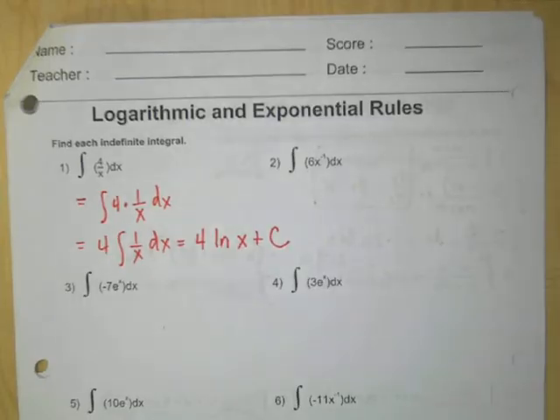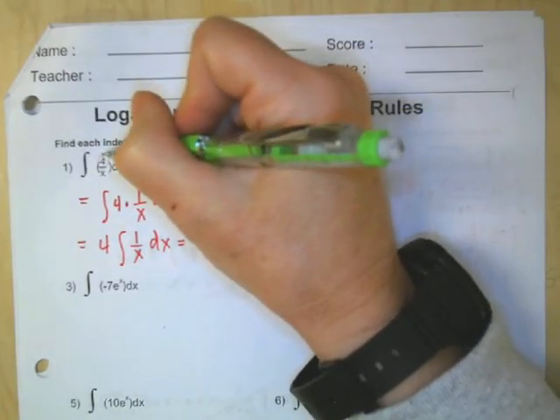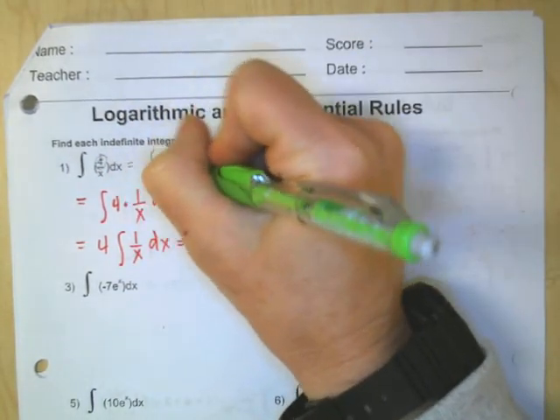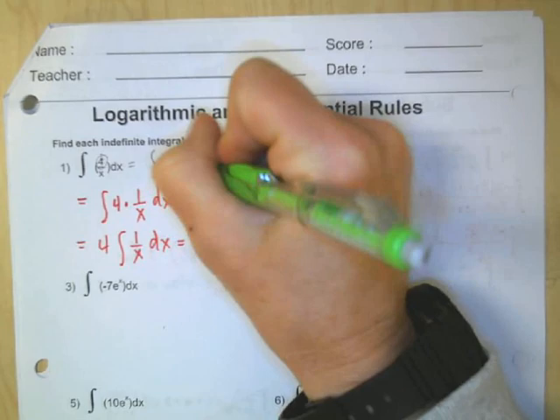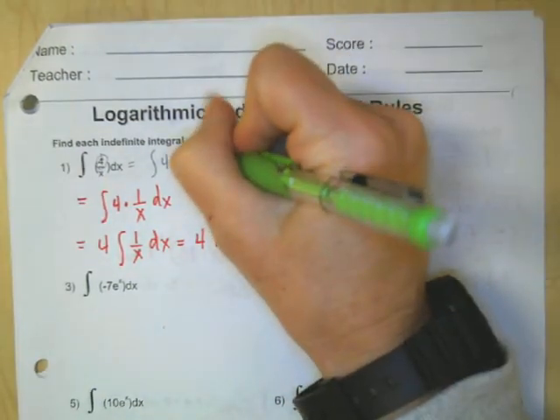Okay, next page. So I did this again in 3rd or 4th period, and when you see a number, you can go ahead and separate that out. So I rewrote this as the integral of 4 times 1 over x. That's the same as 4 over x. And then there's my dx.